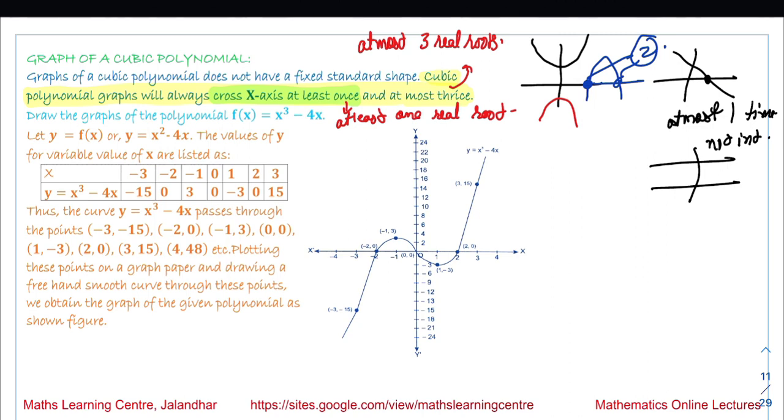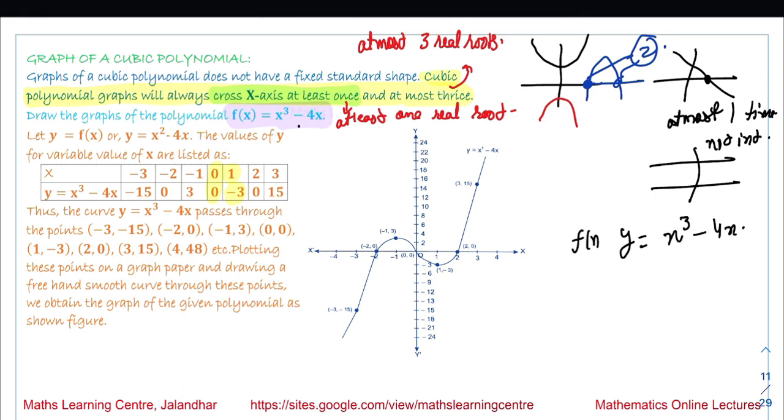So we try to plot a polynomial. Suppose the polynomial given to us is f(x) equals x cube minus 4x. Similarly, we list the values. For x equal to 0, we have y equal to 0. For x equal to 1, the value of y is minus 3, where we write the equation as y equals x cube minus 4x.